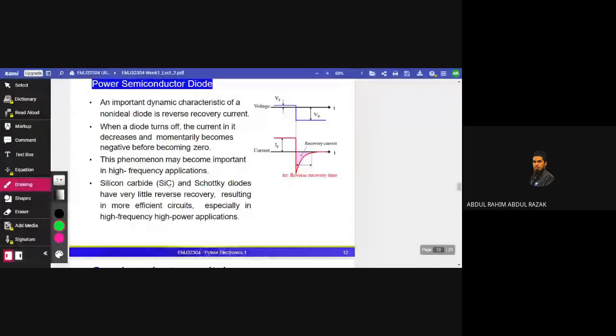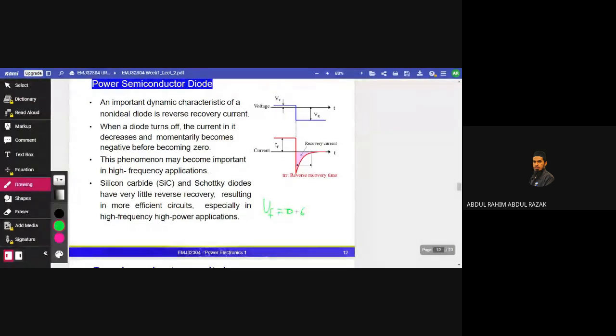There is an important dynamic characteristic of a non-ideal diode. For an ideal diode, the forward voltage drop is 0. Like I told you before, we have a forward voltage of 0.6 for a normal diode.